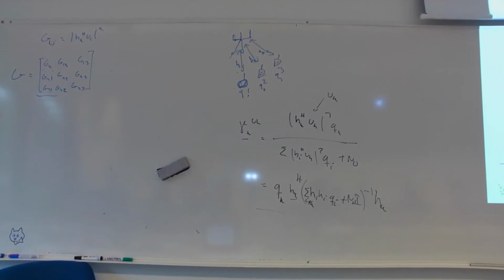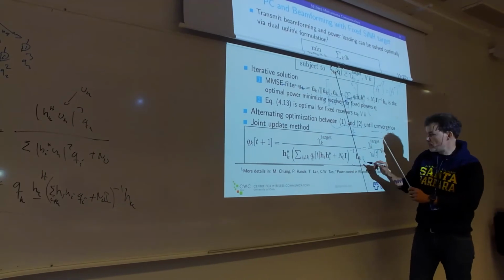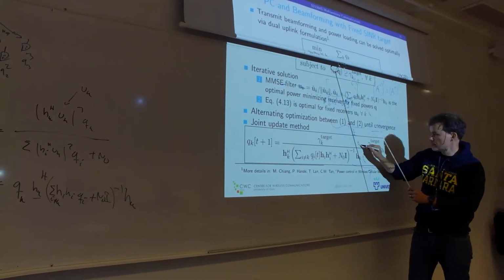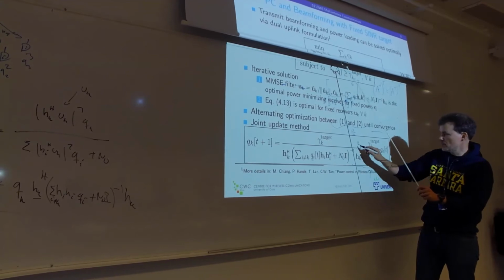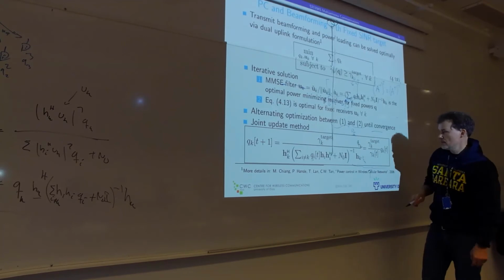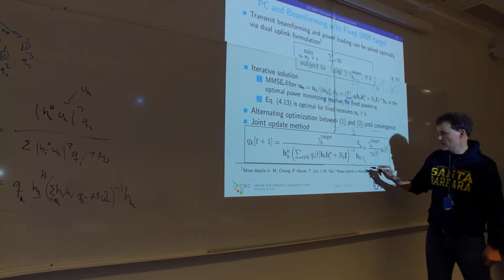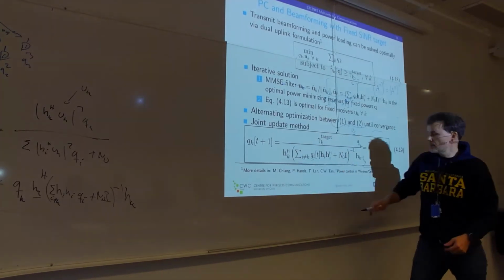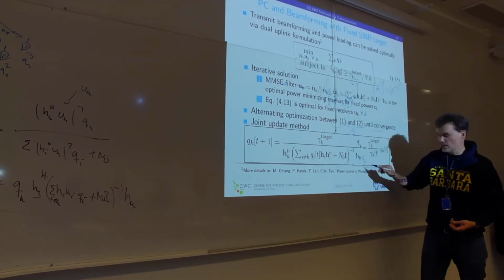Then the SINR just depends on the other users for user K. When you multiply this by Q_K and add similarly Q_K in the numerator, this is the current SINR given this power Q_K.